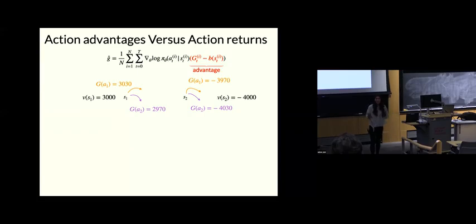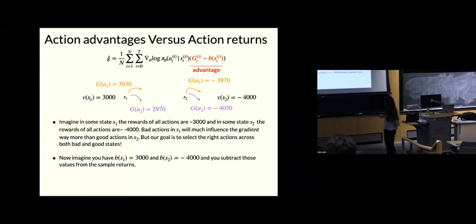So this is precisely what we will be using instead of G. We're going to be using the Q of that action minus the value of the particular state. Now, we don't know the Q of that action, and you may as well approximate it with the returns. So now you have the return minus the value of the particular state. Is that clear? Okay, let's continue our reasoning here.